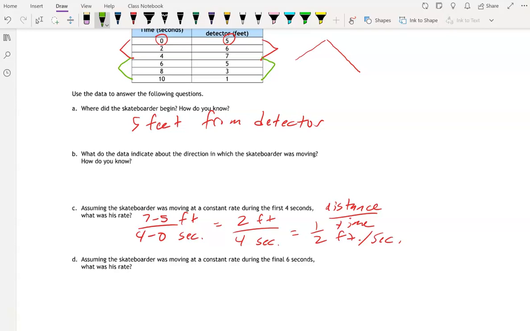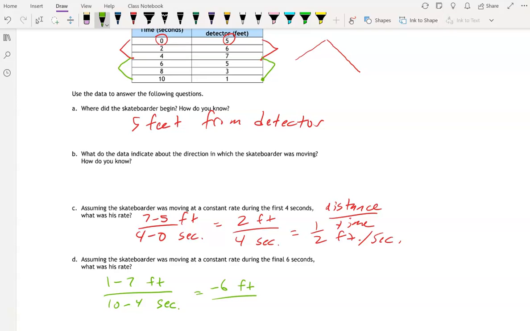So the distance is, remember, at the end of it, it was 1 minus 7, and that's in feet. And the other part is 10 minus 4, and that's in seconds. 1 minus 7 is -6 feet.